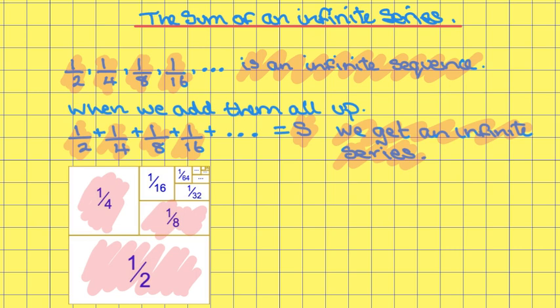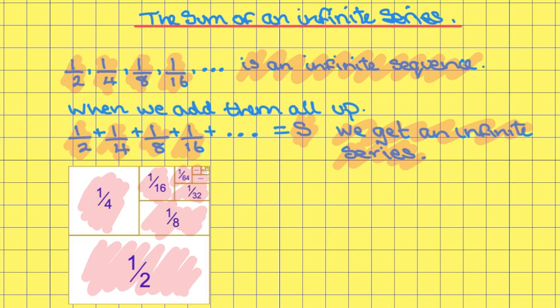Then we cut the remaining eighth in half, we get a 16th. Then we cut the remaining 16th in half, we get a 32nd. Then a 64th. Then a 128th, then a 256th. We can keep doing that infinitely, but we will never go out of the unit square.